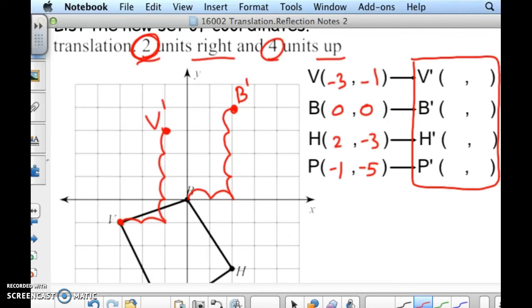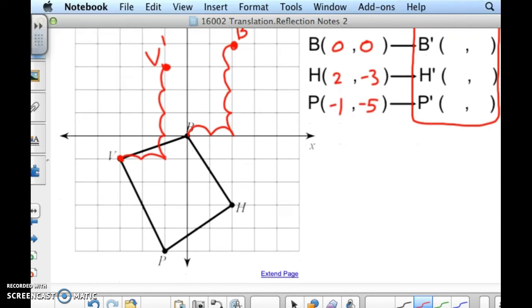So my pre-image is B, my image is B prime. I'm going to do the same thing with H. I'm going to move it 2 units to the right, 1, 2, 4 units up, 2, 3, 4. This location is now, you guessed it, H prime.